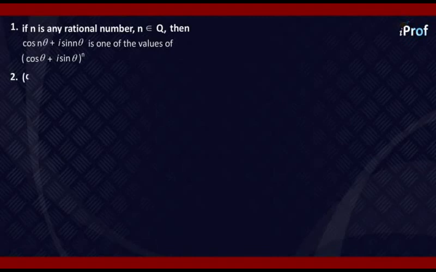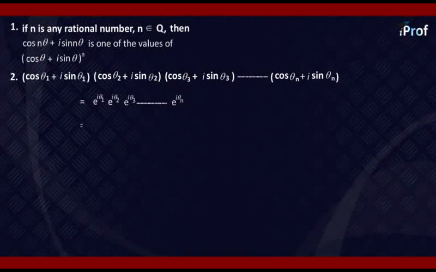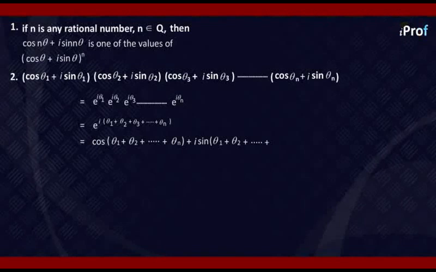Second, if (cos theta 1 + i sin theta 1) into (cos theta 2 + i sin theta 2) into (cos theta 3 + i sin theta 3), and so on, we multiply it with (cos theta n + i sin theta n), we get it equal to e^(i theta 1) into e^(i theta 2) into e^(i theta 3), and so on up to e^(i theta n), which becomes e^(i(theta 1 + theta 2 + theta 3 + ... + theta n)), which can be clubbed into cos of (theta 1 + theta 2 + ... + theta n) + i sine of (theta 1 + theta 2 + ... + theta n).